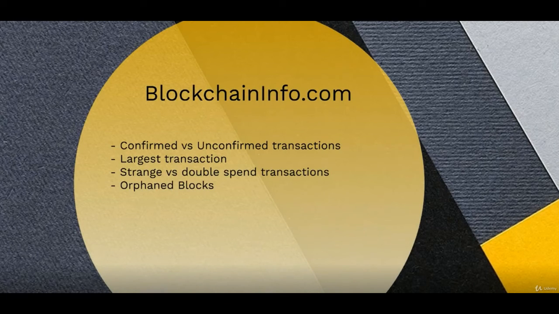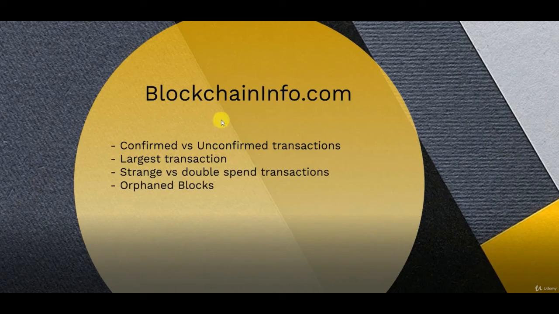The reason for getting into this website is you will know the difference between a confirmed transaction and an unconfirmed transaction. What does the largest transaction mean? What is a strange transaction? What are double spend transactions? What are orphaned blocks? We are going to see each of these in detail. Let's go into the Blockchain Info website.